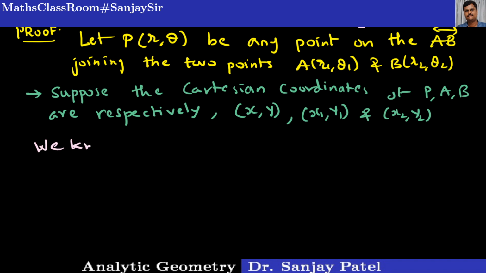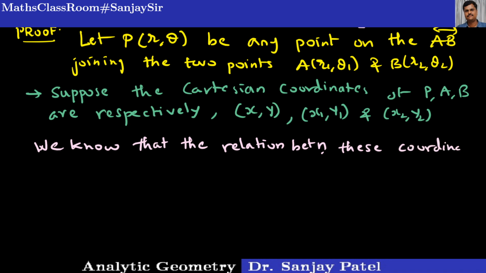We know that the relation between these coordinates is, if you take x and y as Cartesian coordinates of P and the polar coordinates r and theta, then x is equal to r cos theta and y is equal to r sin theta.